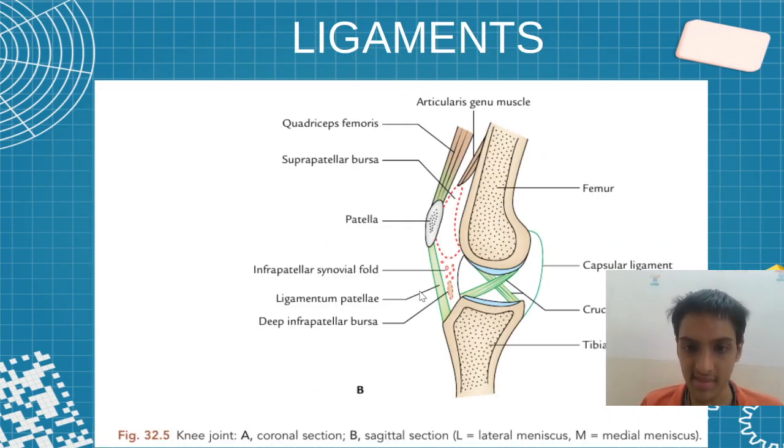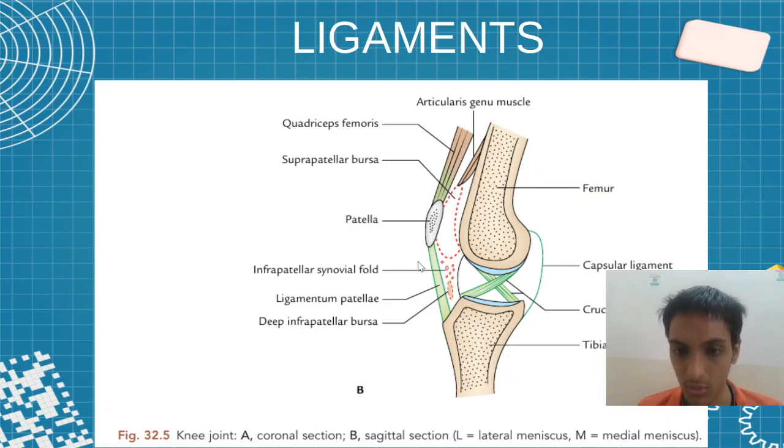Now the ligaments. What are the ligaments we will see? We are finding the ACL and PCL, the X-shaped ligaments. Here we are also finding the ligamentum patellae and the suprapatellar bursa.